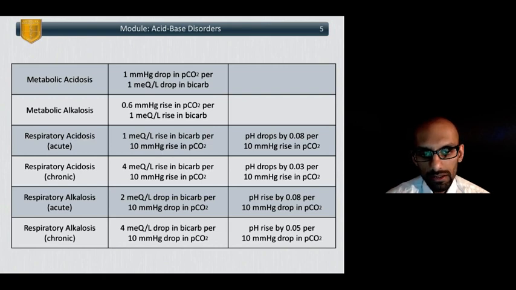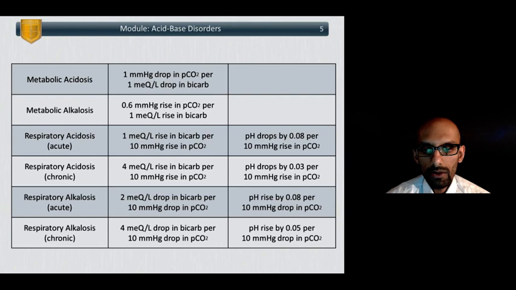Now, with acute alkalosis, for every 10 millimeter mercury drop in PCO2, you can actually get a 2 milliequivalent per liter drop in bicarb. So this response is a little bit better than compensating for an acidosis, but not by much. And again, when you're developing a chronic respiratory alkalosis, the response gets a little bit better at about 4 milliequivalents, about the same as it does for a chronic respiratory acidosis.